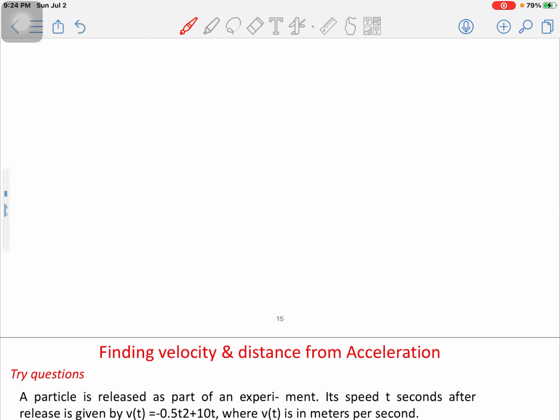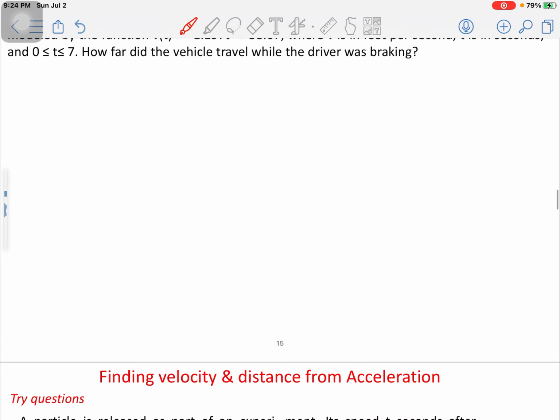Now, let's take the first one to be the acceleration function, a of t, which is 12t squared minus 6.